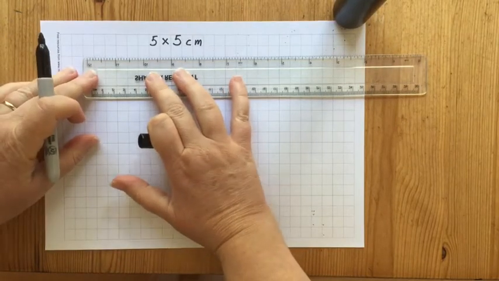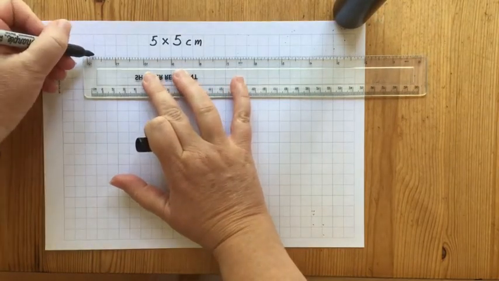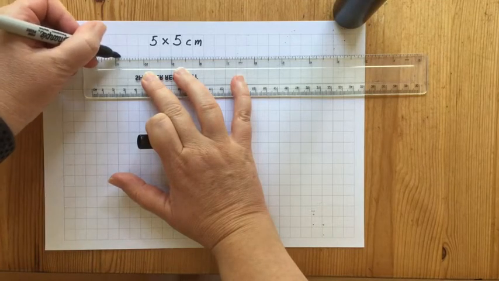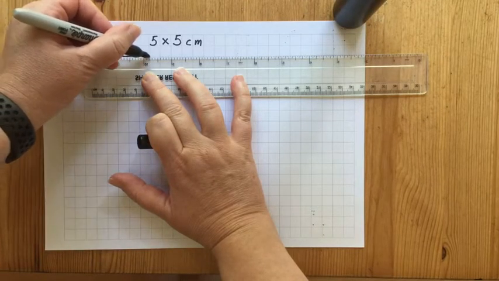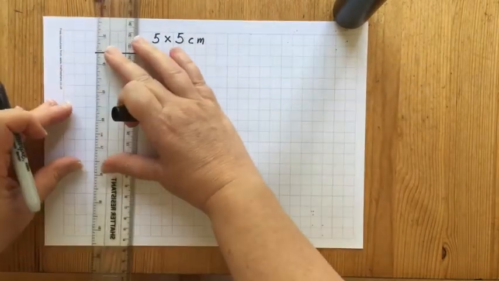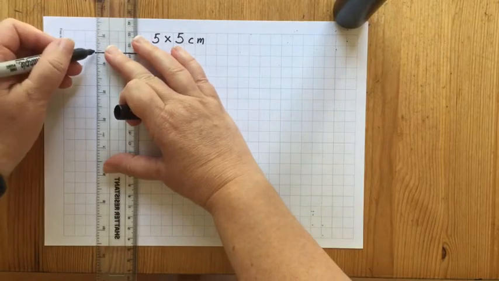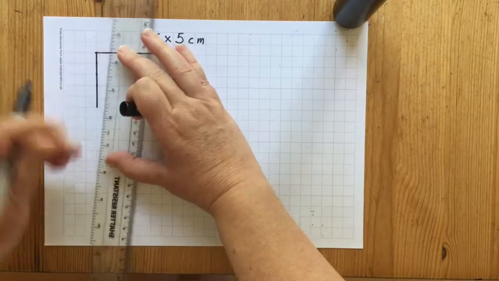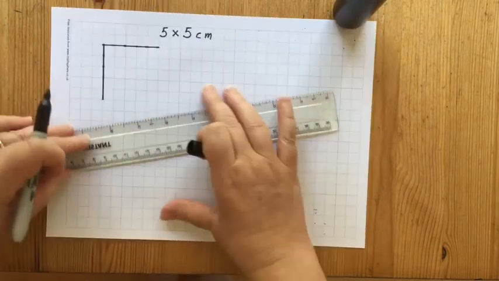And I'm going to count 5 centimeters, 5 squares. 1, 2, 3, 4, 5. And I need 5 squares this way. 1, 2, 3, 4, 5. I'm going to create my square.